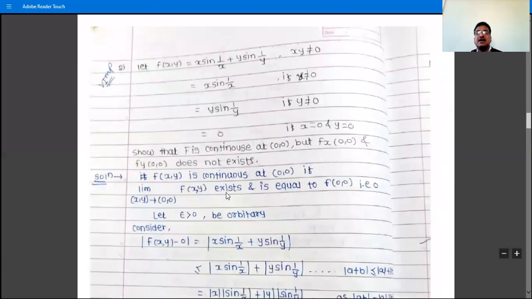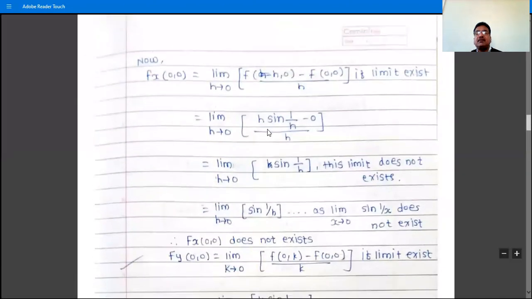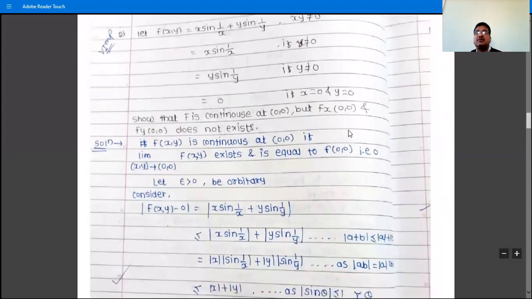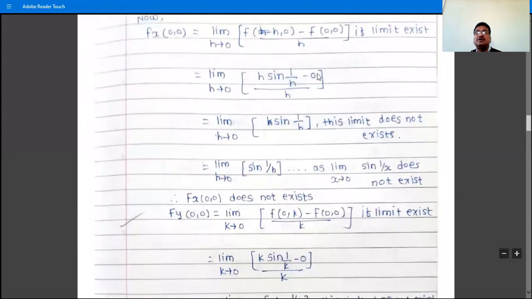So f of h 0 is h sine 1 by h, and f of 0, 0 is 0 directly by using this, since x and y both are 0. Divided by h, the h gets cancelled, leaving the limit as h tends to 0 of sine 1 by h, and this limit does not exist. No need to write the proof of why the limit of sine 1 by h as h tends to 0 does not exist.